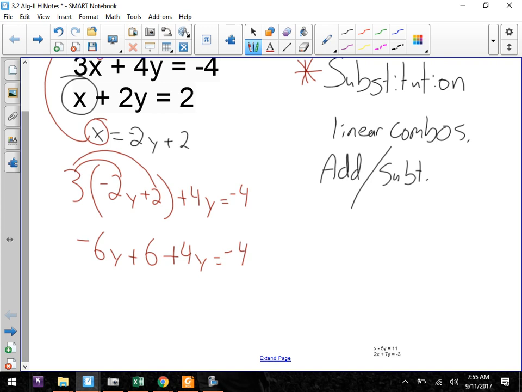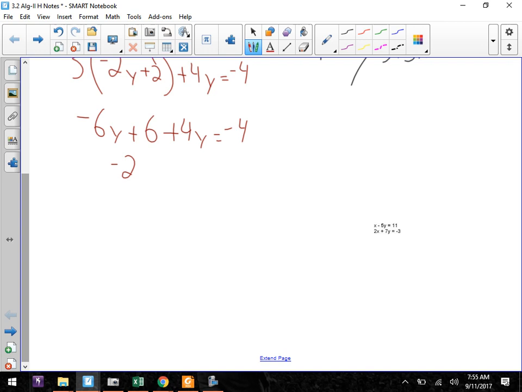And now you're at a 2-step equation. Moving some stuff around, it looks like I got negative 2y equals negative 10. Therefore, y is 5. Okay with that?